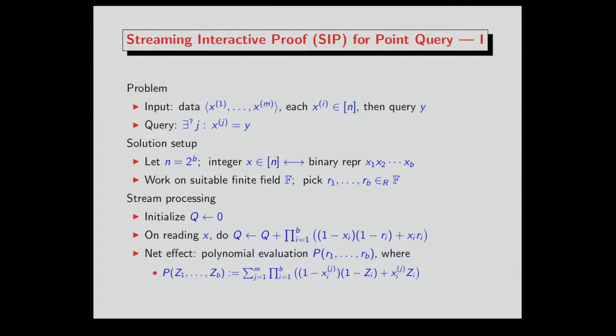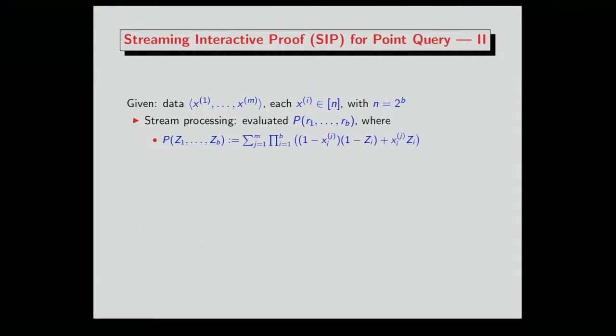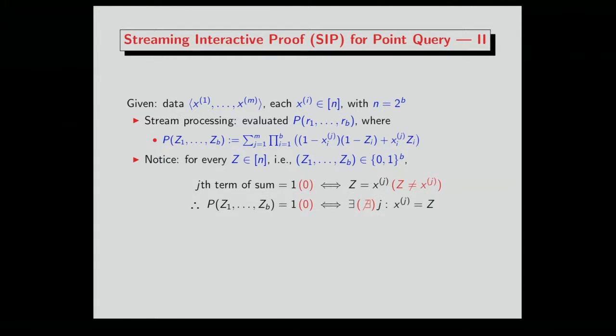Now, what exactly is that polynomial? This is just a recollection of what we've done so far. Notice that if you plug in 0, 1 values for z1 through zb, then this polynomial is doing something interesting. First of all, it's a sum of a bunch of terms. Let's look at just one of those terms, the product inside, and at one of the factors of this product.